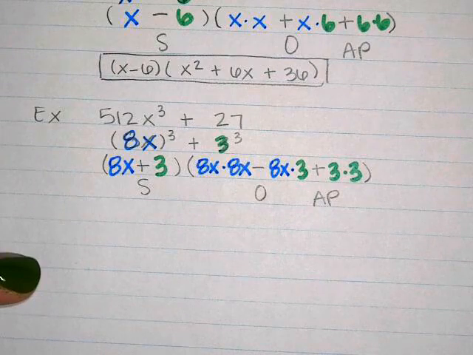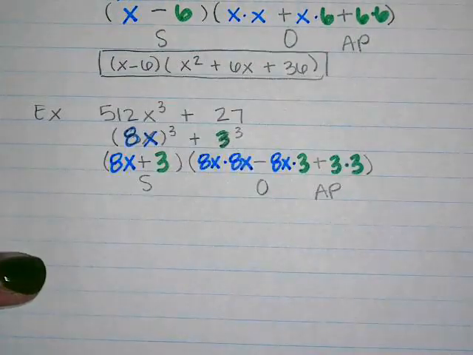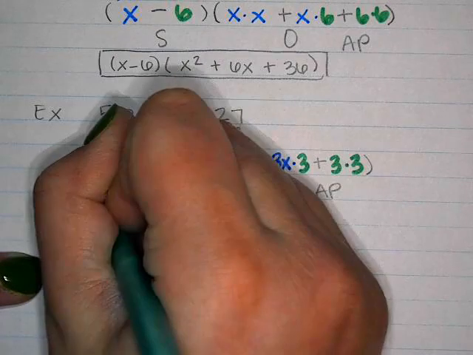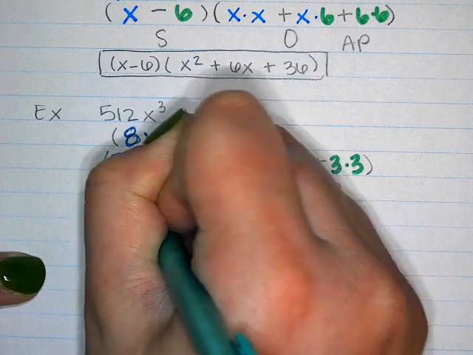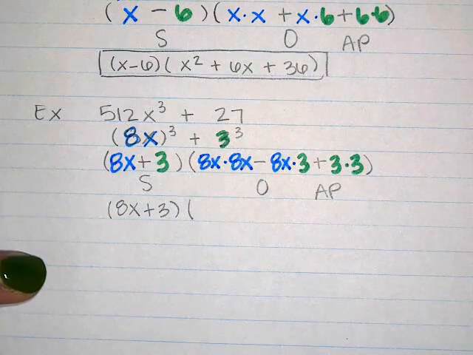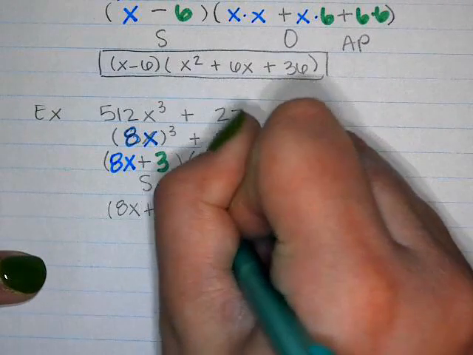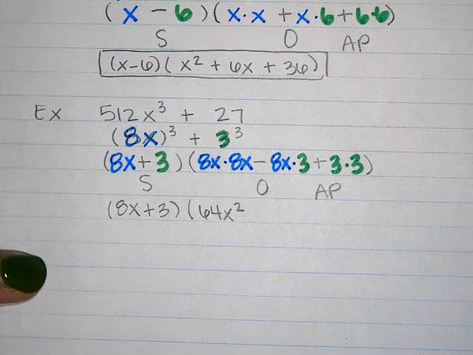So let's go ahead and clean it up. We got 8x times 3, or 8x plus 3. And then what's our next parenthesis? 64x squared. What else?